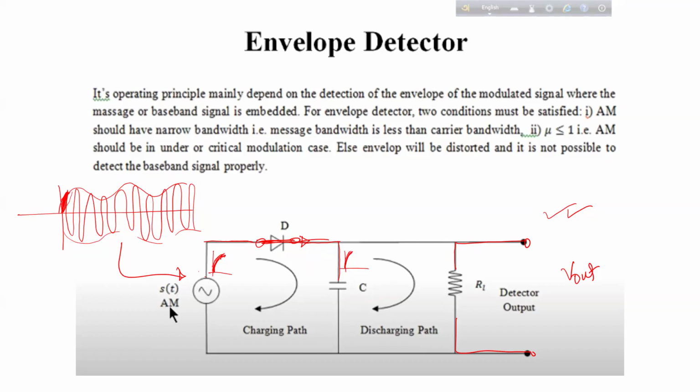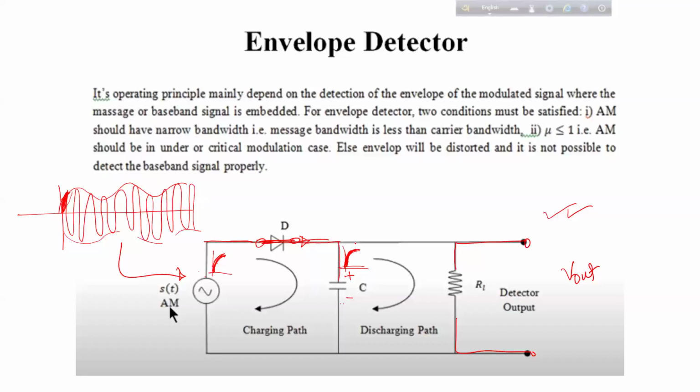As the input voltage is increasing, the voltage across this capacitor is also increasing. So it is getting plus, it is getting minus.